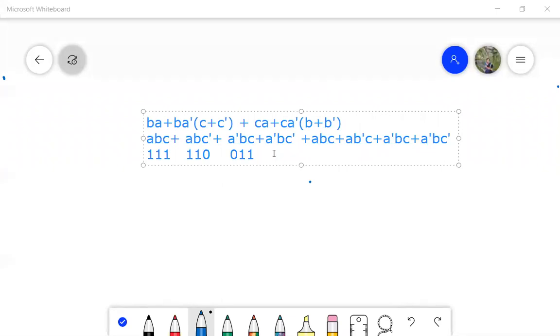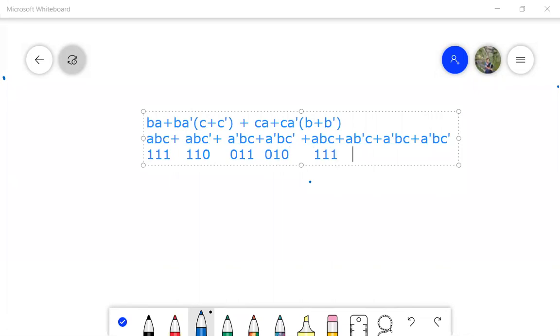In the next one, I have A bar is 0, B is 1, C bar is 0. Again, when I go to the next one, A, B, C, A is 1, B is 1, C is 1.